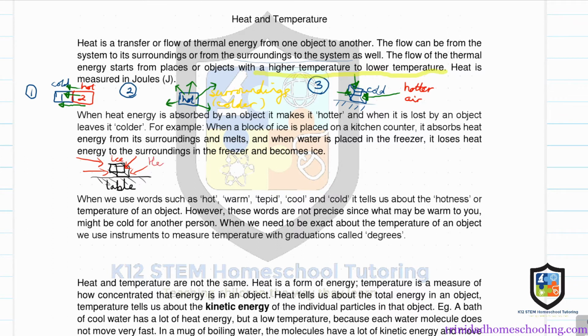Okay, your surroundings here is hotter, and then your ice is going to absorb that heat and start to melt. That's this scenario here. And then the second scenario here is when the water is placed in the freezer. So you have your freezer and you fill your ice tray with water.